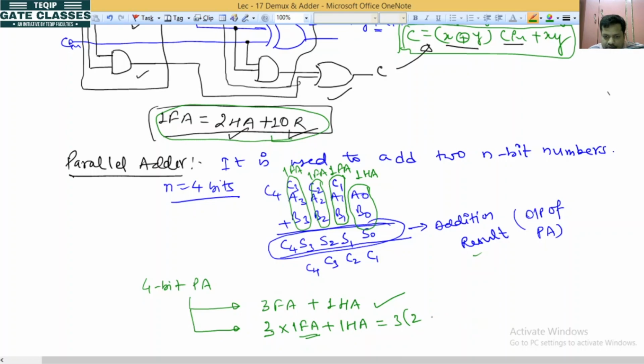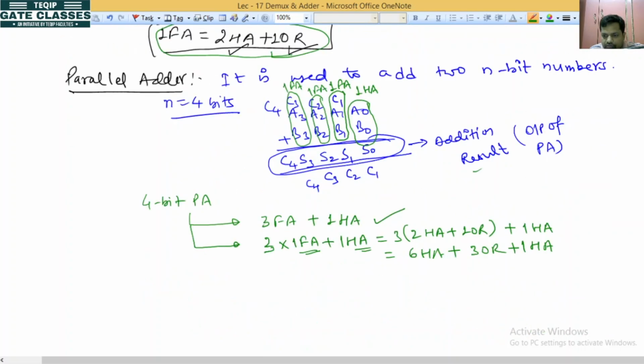So it will be 2 half adder plus 1 OR gate, plus 1 half adder is already here. So it will be 3 2s are 6, 6 half adder plus 3 OR gate plus 1 half adder. So 6 plus 1, 7 half adder plus 3 OR gate.